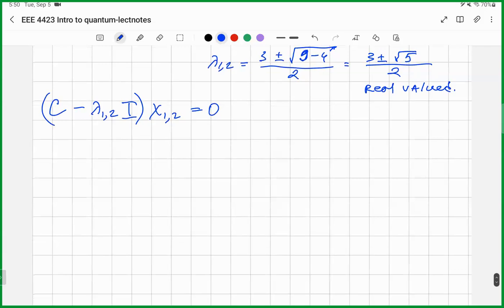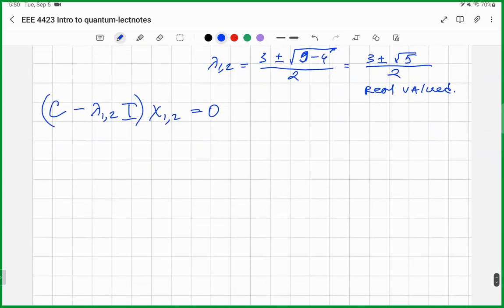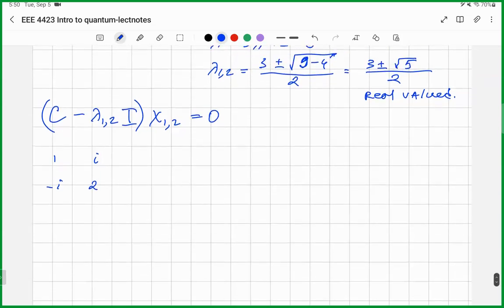So for the first one, we have 1 i minus i 2, 1 i minus i 2, I don't like these eigenvalues, but okay, 1 minus (3 plus square root of 5) over 2, i, minus i, and then 2 minus (3 plus square root of 5) over 2.